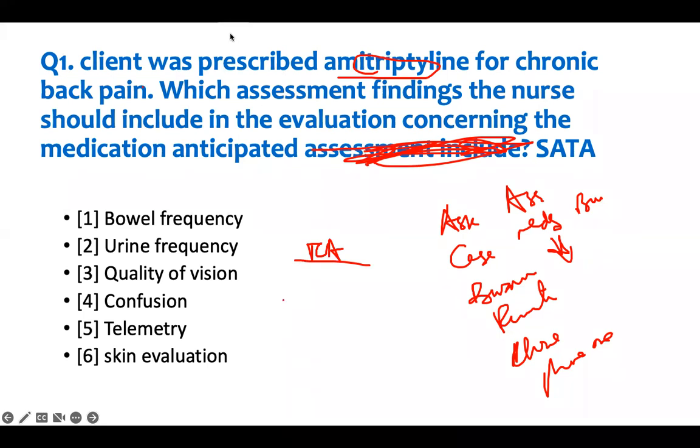And the way for you to remember, I mean, this is the way I remember them, is I call it the TCA dance. Okay. So the D is dermatitis. The A is anticholinergic.